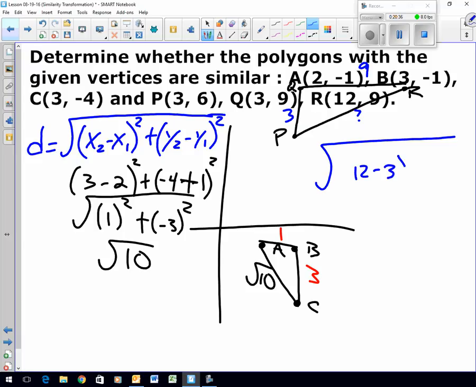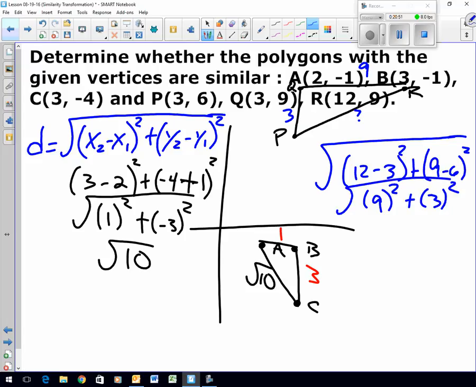The square root of 12 minus 3 squared plus 9 minus 6 squared. Okay. Right? 12 minus 3 is 9. 9 squared plus 3 squared. Square root of all that. 81 plus 9. Square root of all that. Square root of 90. Okay?